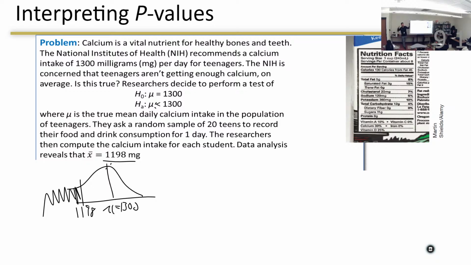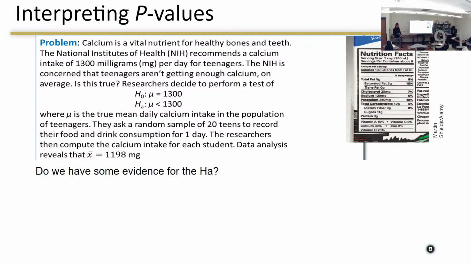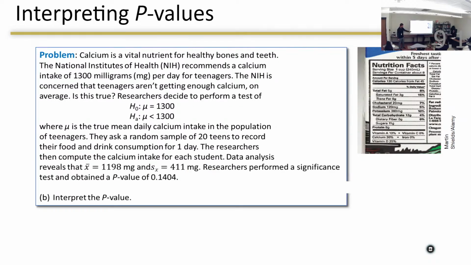And again, that's really three chapters away. Good enough? Do we have some evidence? Yeah, I got some evidence. I'm wanting to know if I have statistical evidence. The p-value is 0.1404.